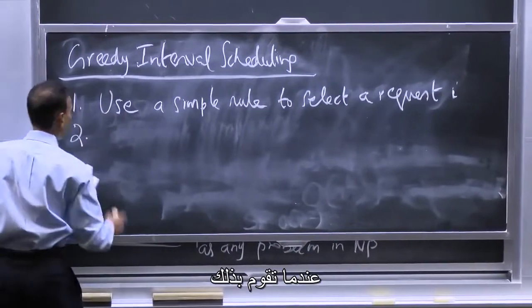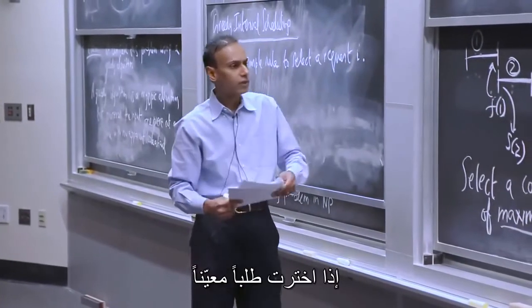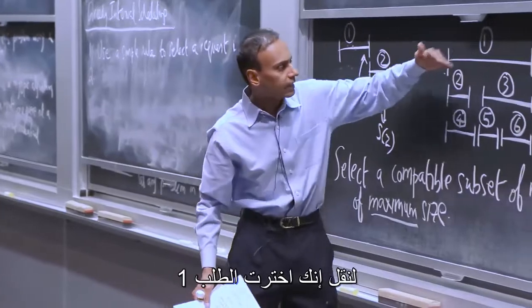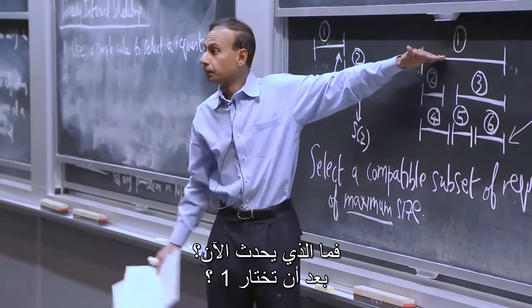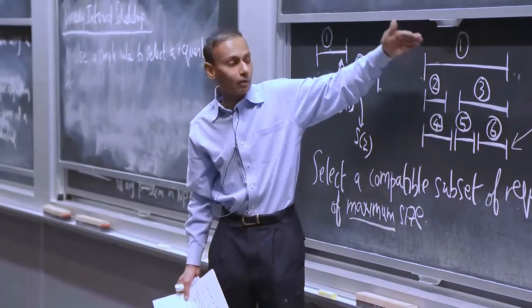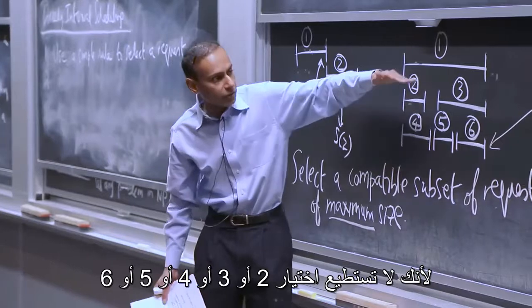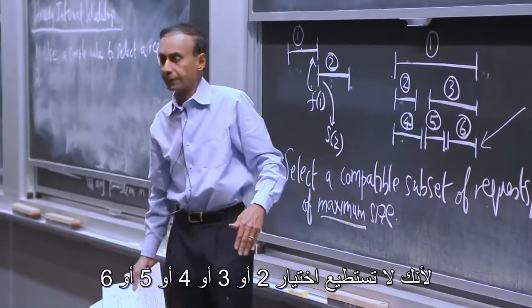And once you do that, if you've selected a particular request, let's say you've selected 1, what happens now? Once you've selected 1, well, you're done. You can't select 2, you can't select 3, you can't select 4, you can't select 5, you can't select 6, right?